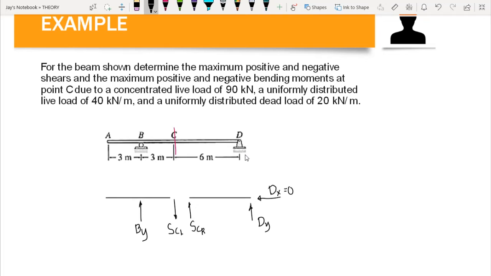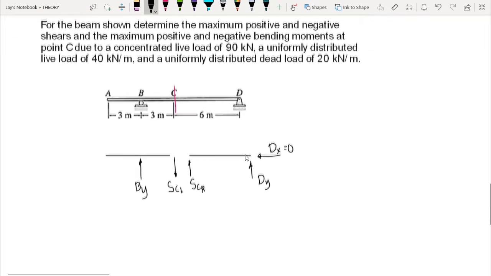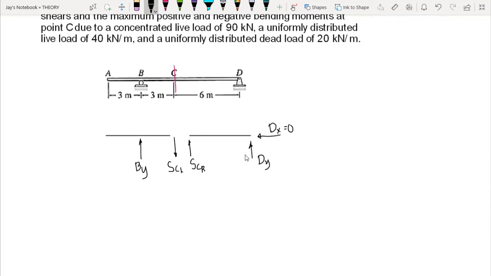So in order to create an influence line, we have to place our unit load first at point A, when our x is equal to 0. Again, we have two approaches in drawing the influence line. This is by using statics or the equilibrium equations.